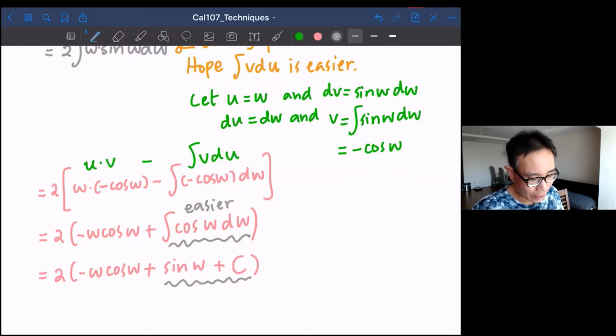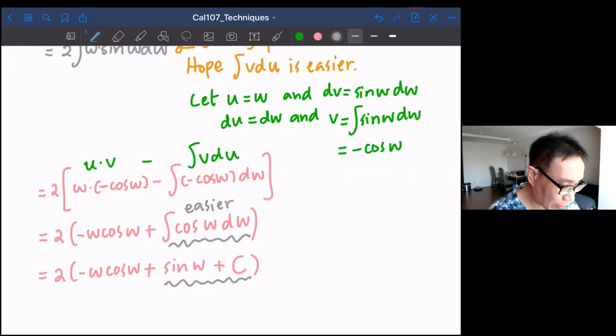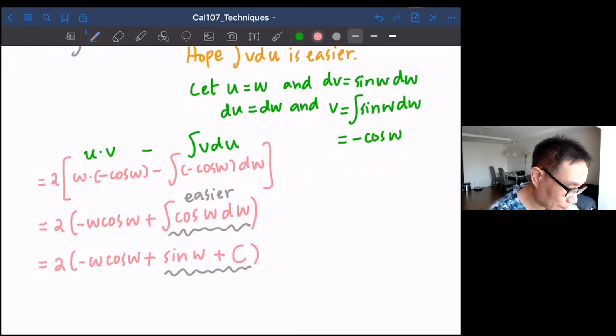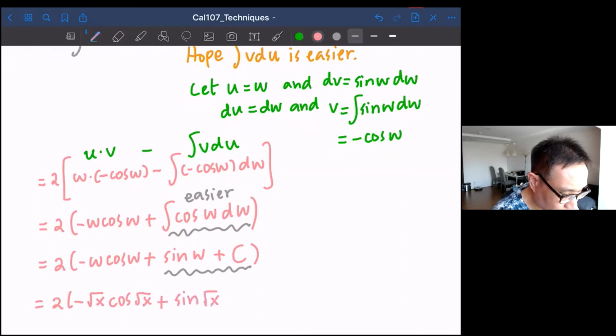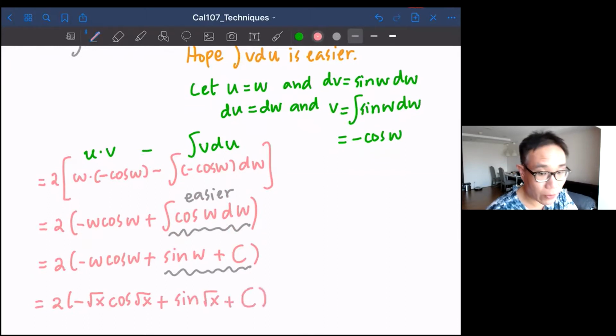Don't forget that we began with everything in terms of x, so the final answer is going to be negative root x cos root x, plus sin square root x, plus c. So this is your final answer.